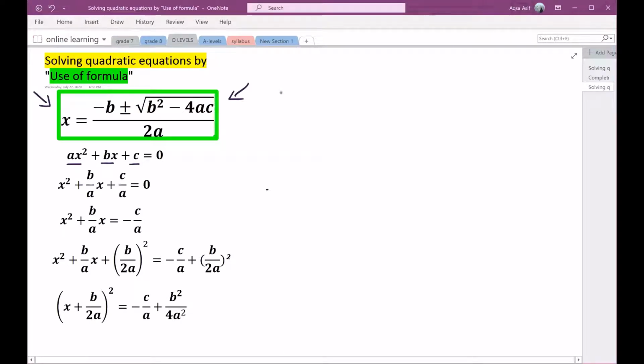Let's suppose we have a quadratic equation, 3x squared plus 2x plus 6 is equal to 0. The number that is multiplied with x squared is your value of a, because if you compare it with the general form of the equation, a is multiplied by x squared, b is multiplied by x, and c is the constant.